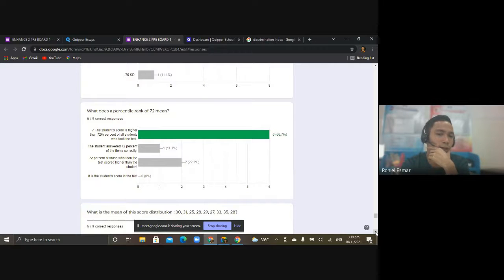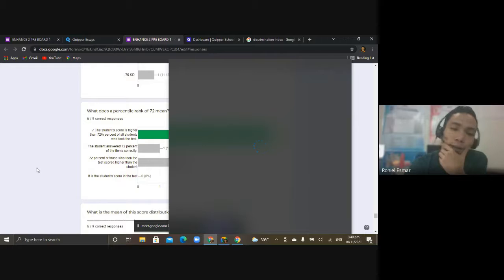The student's score is higher than 72% of all students who took the test. Sa ato pa, ang kaning particular student labaw iyang score sa 72% of the other students. So sa ato pa, ang 28% ani either nakakuha og the same score sa iyaha or more than sa score nga nakuha niya. So that's the meaning of percentile rank of 72.